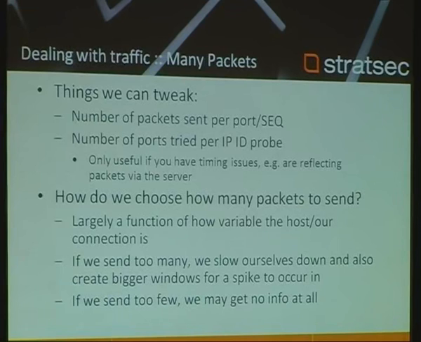We also need to choose how many packets we send if we do this duplication, because no matter what, this is necessary, but how many we send largely depends on how variable the various connections are, like how big traffic spikes we're going to see.